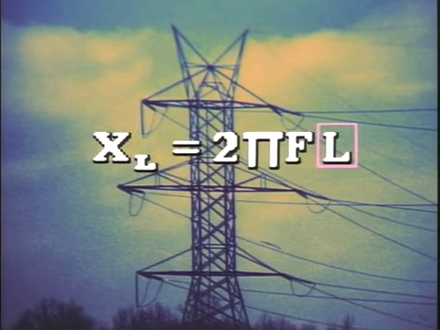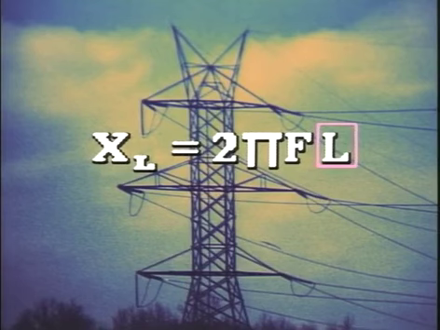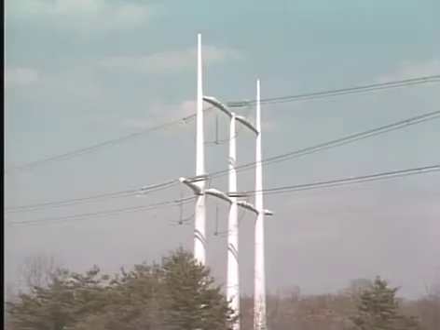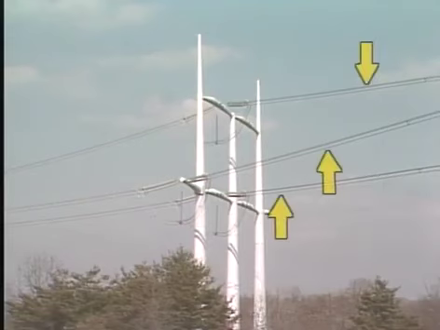Since inductive reactance can contribute to power loss, controlling the inductive reactance in a transmission line can help minimize power loss. One factor a designer can use to control inductance in a transmission line is spacing. In a transmission system, spacing refers to the physical relationship of phases to each other and to the relationship between conductors.